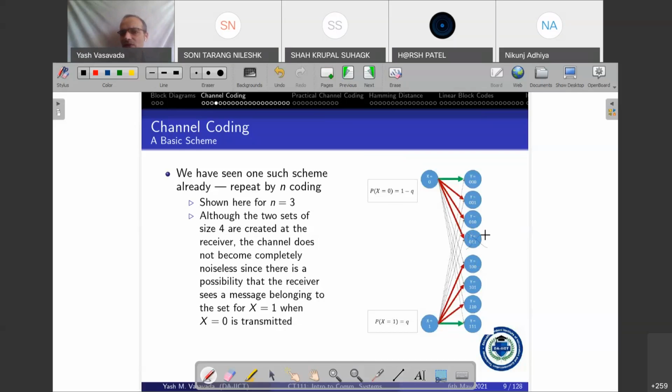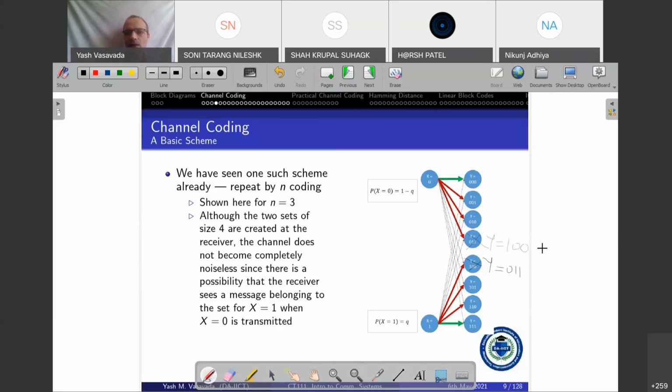So this should be y equal to 1, 0, 0. And this should be y equal to, what should I write here? 0, 1, 1. Great. Good, Krupal. Your sharp eyes.